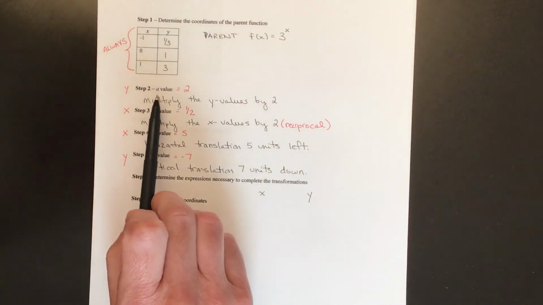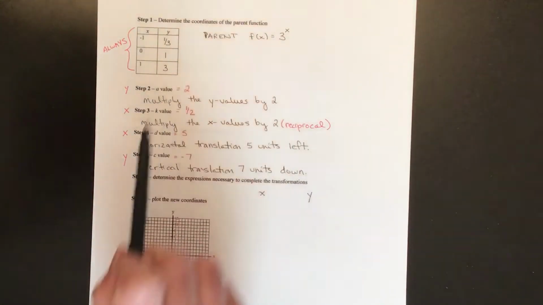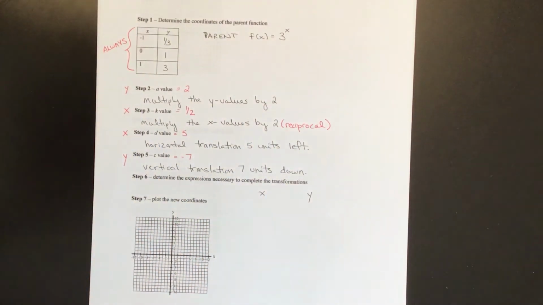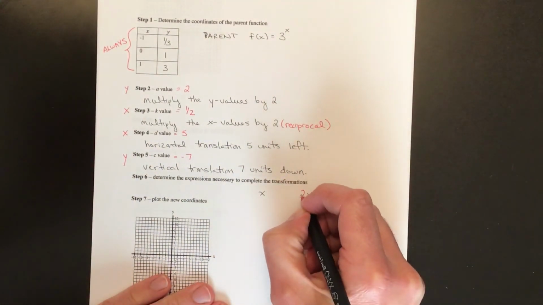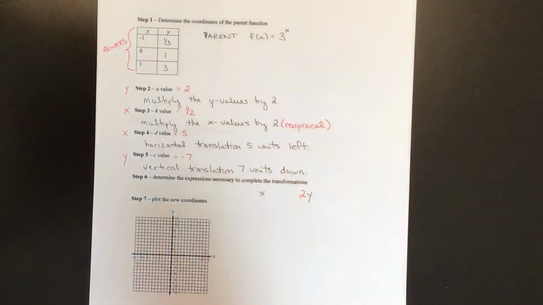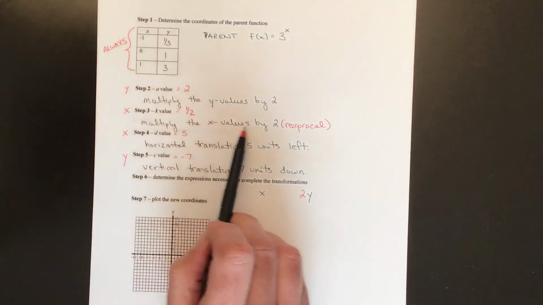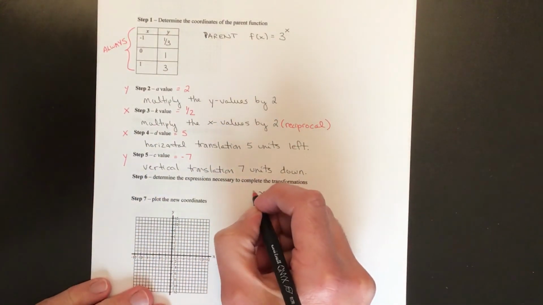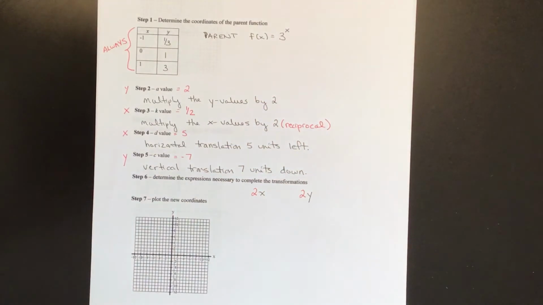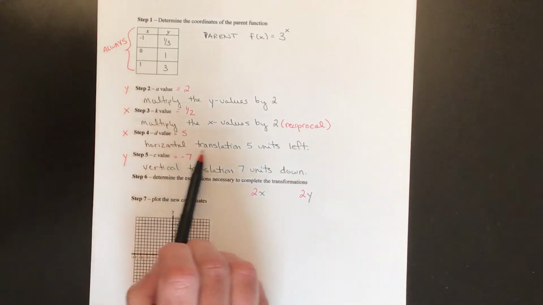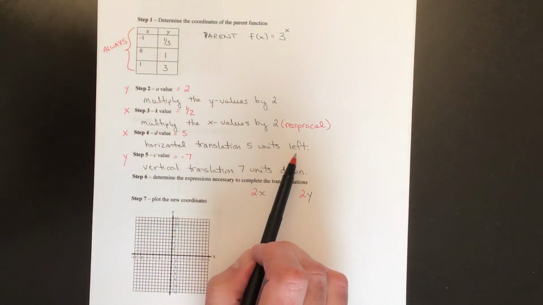So the a value is 2. That means we multiply our y's by 2. So I'm just going to do 2y, multiply my y value by 2. K value means I multiply the x's by 2. So I'm going to make that 2x, multiply my x's by 2. For d value, I'm going 5 units to the left.